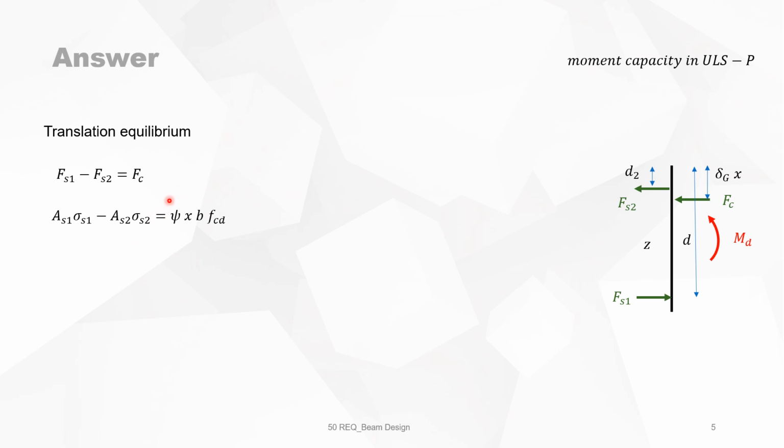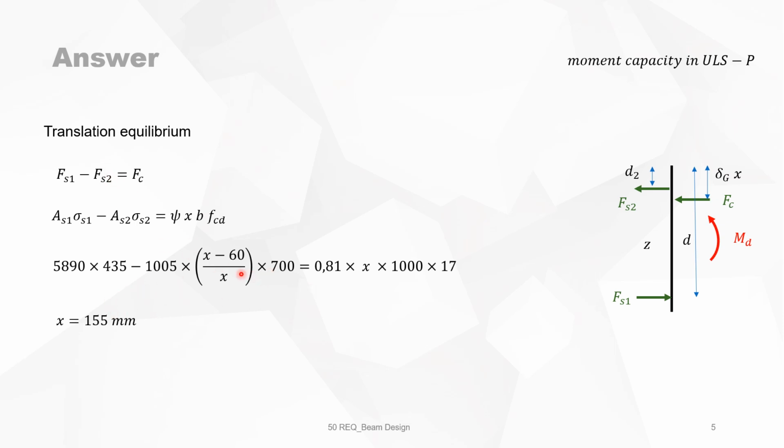And the compressive force in the concrete is the filling coefficient times the depth of the neutral axis times the width of the section and the design value of the concrete compressive strength. We can now fill in the different variables that we have, but we still do not know what x is. So we fill this into the translation equilibrium equation, and we can calculate x from this equation. So x is 155 millimeters.